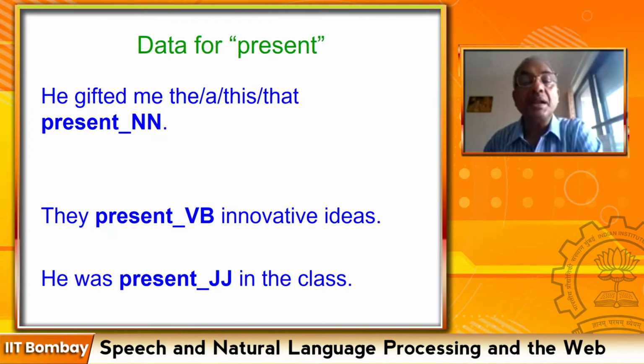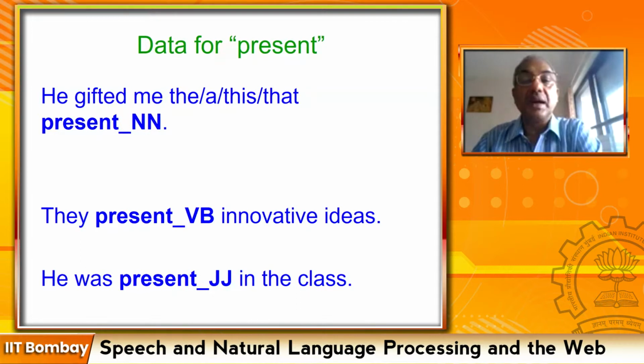Now, by looking at the context, can I come up with a rule that will decide whether the current word has a particular part of speech or not? So the current word is important. We bind our part of speech tagging algorithm to positions. A sentence is a sequence of positions, and the positions are occupied by words.